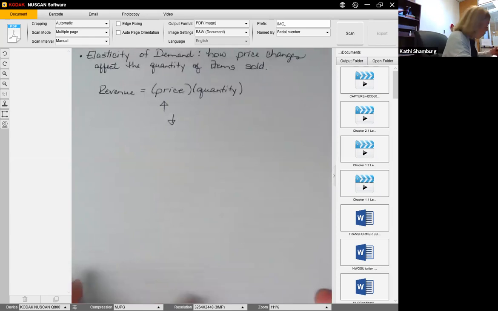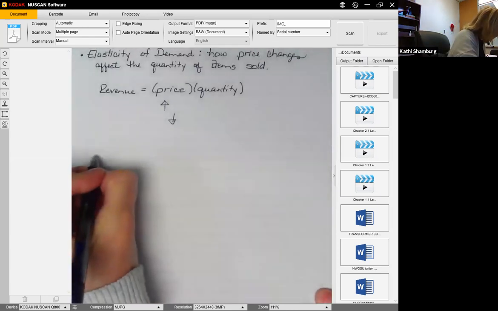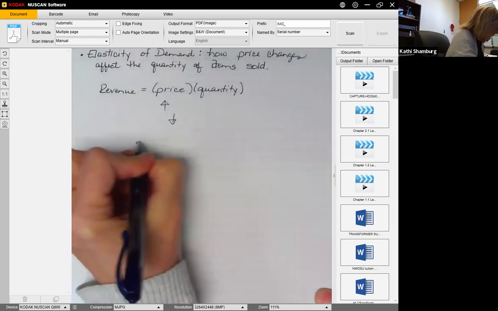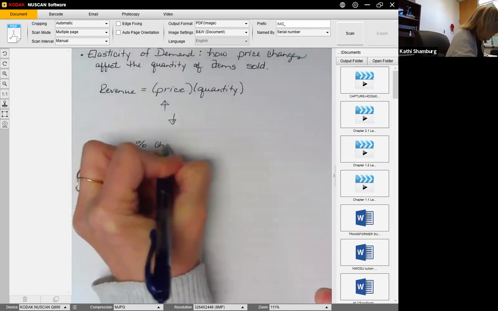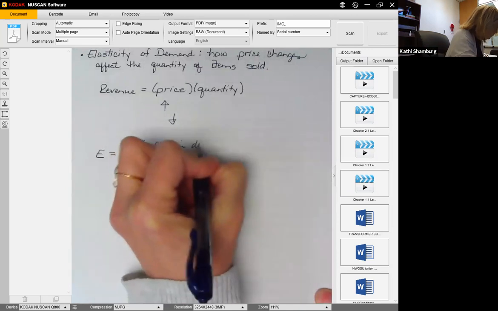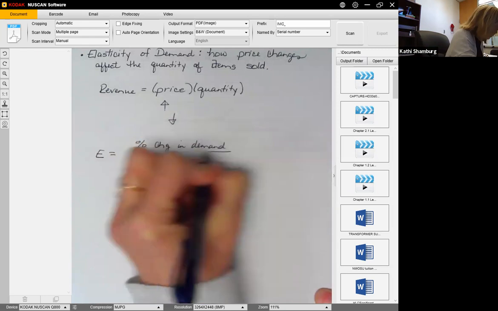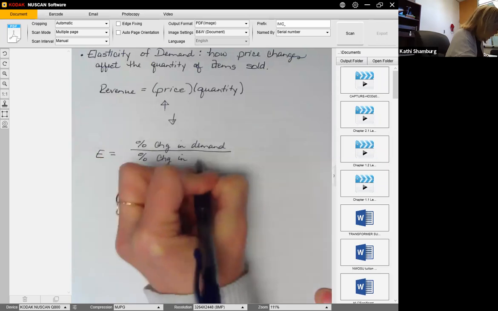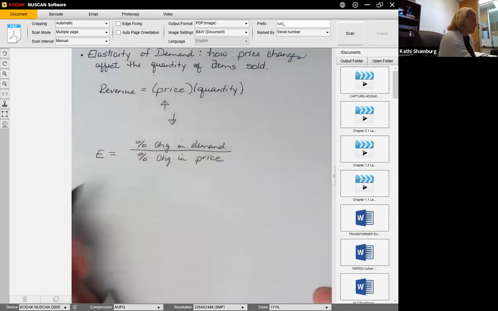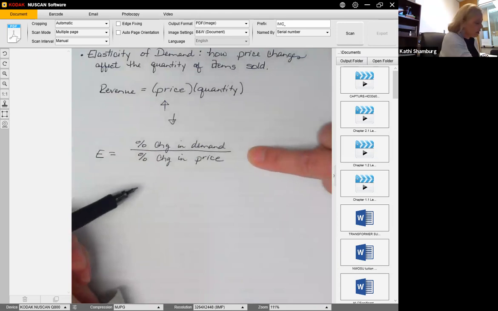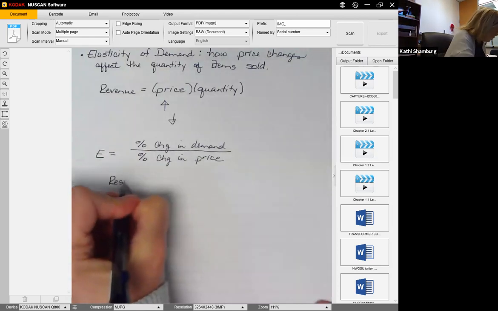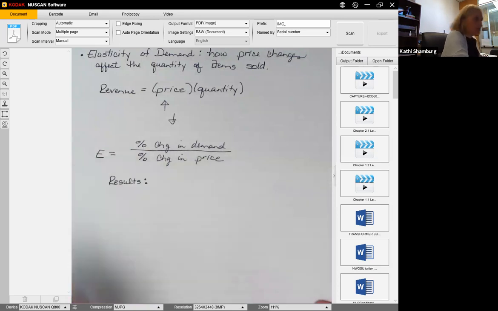So ultimately, what we will look at is what is called E, which is your elasticity of demand. That is the percent change in demand over the percent change in price. Now, this isn't the actual formula we'll be using. I'll show you that here in a little bit. But what we really need to look at is the results of what E tells us.